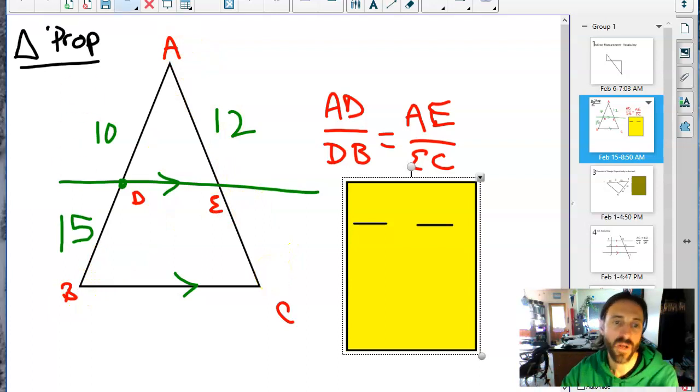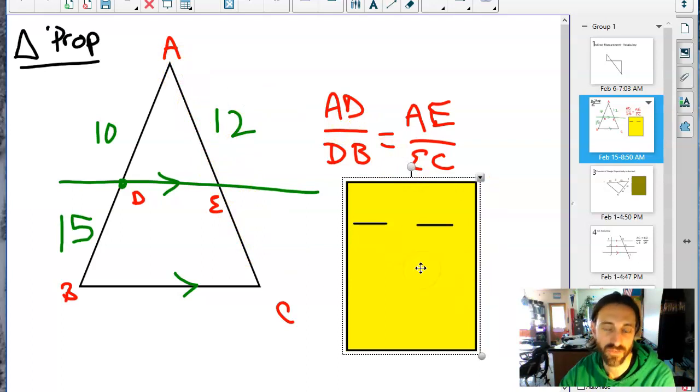So I know this entire length AB would go with AD. But when you cut it with parallel lines, then this part, 10 and 15, can form a proportion with 12 and this side. This ends up being a shortcut, because now I'm not comparing 10 with 25. I'm comparing 10 and 15 to 12 and this unknown length.